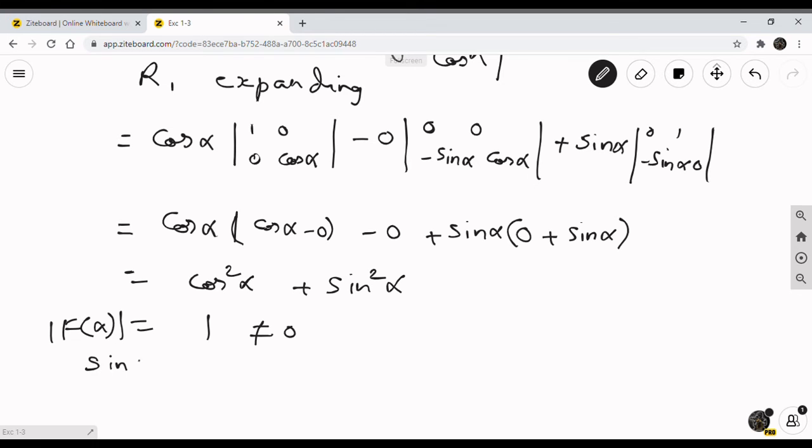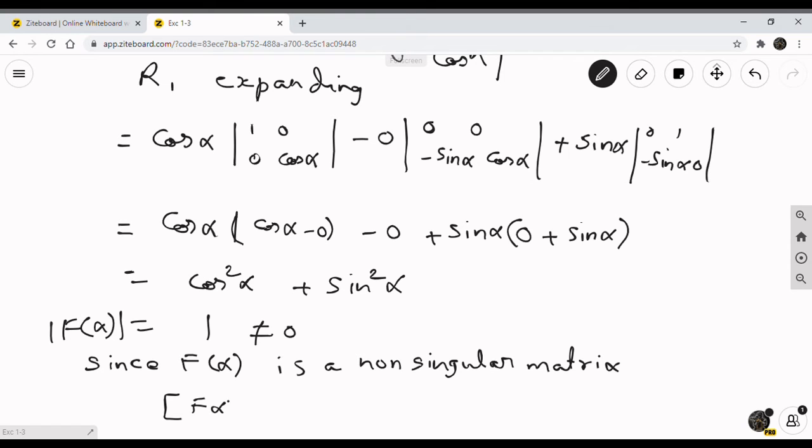Since f alpha is a non-singular matrix, f alpha inverse exists.